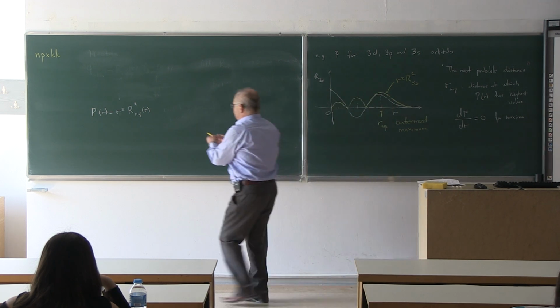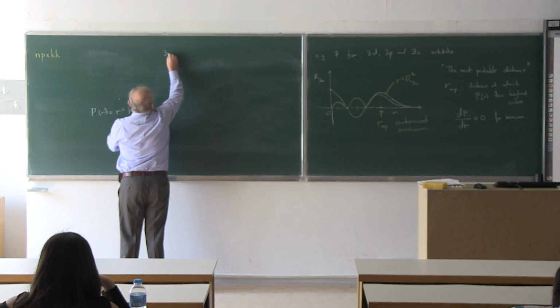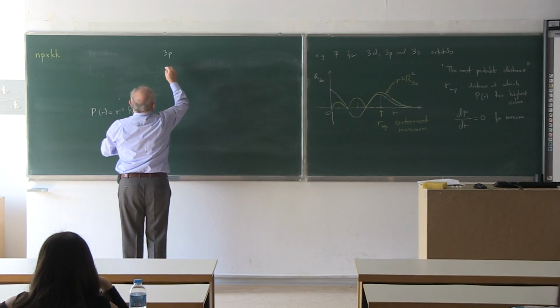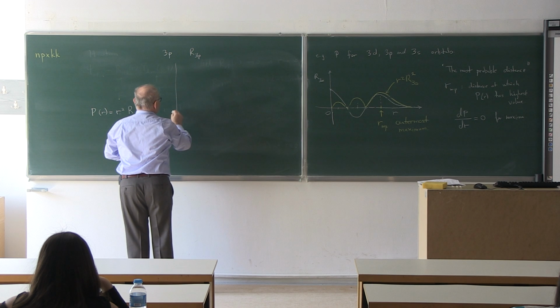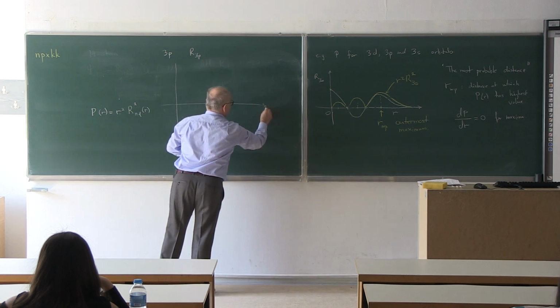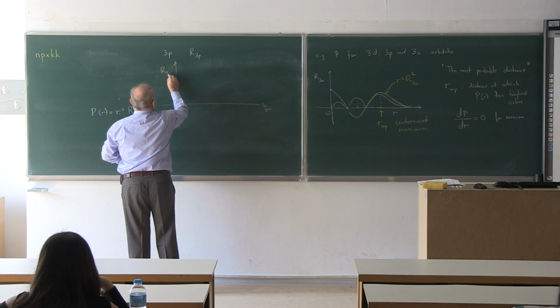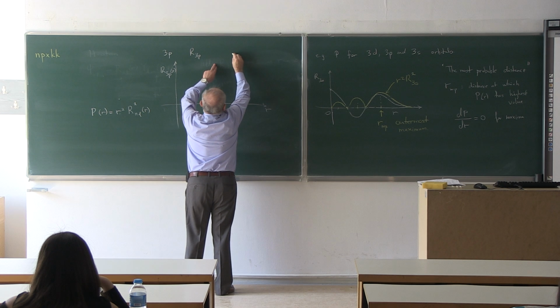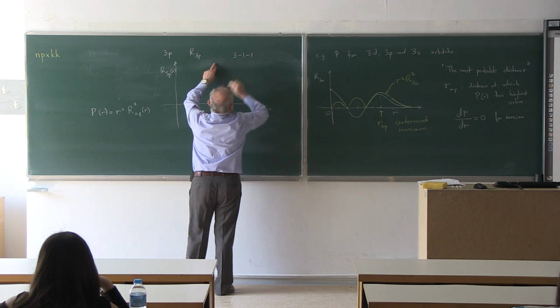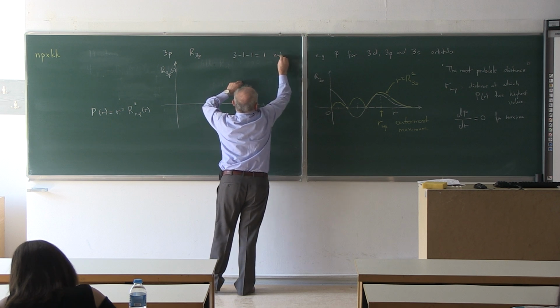So, let us consider now 3p, R 3p. Here 3 minus 1 minus 1 equals 1 node.